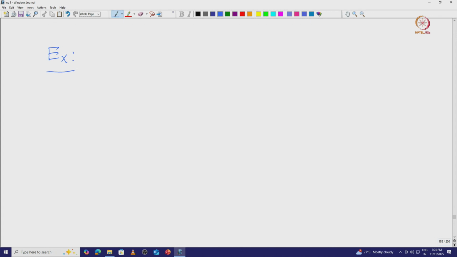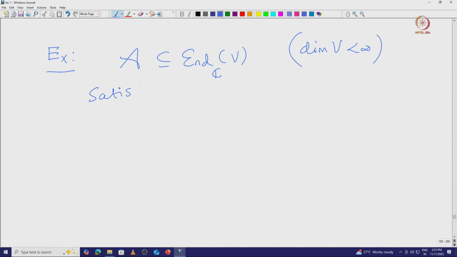are diagonalizable. So, let us say you have a family of operators acting on a 5-dimensional space, that is very important. So, let us say V is 5-dimensional and you have a family A satisfying the following conditions.